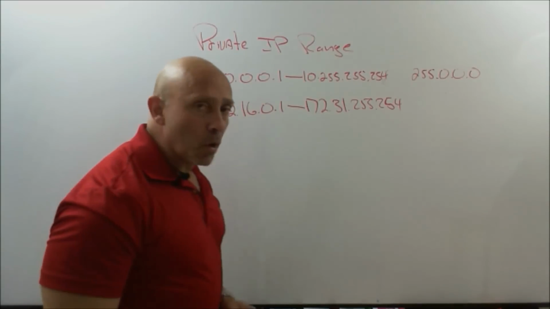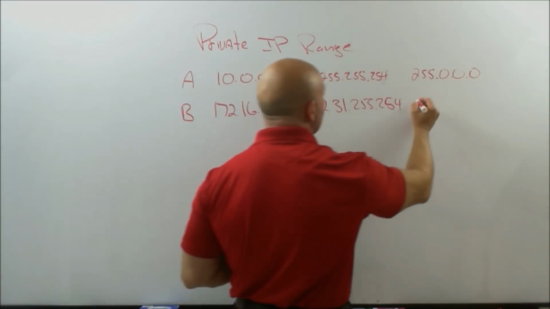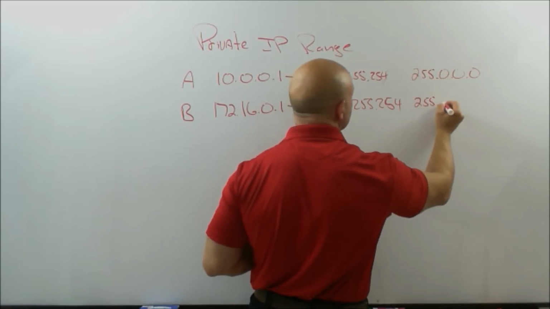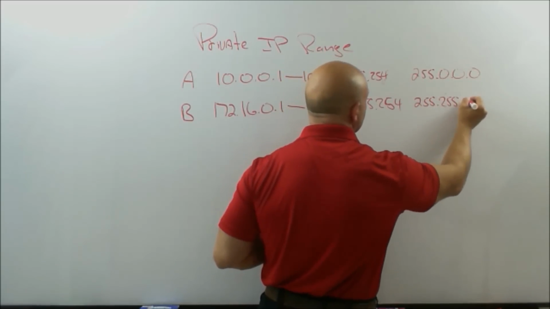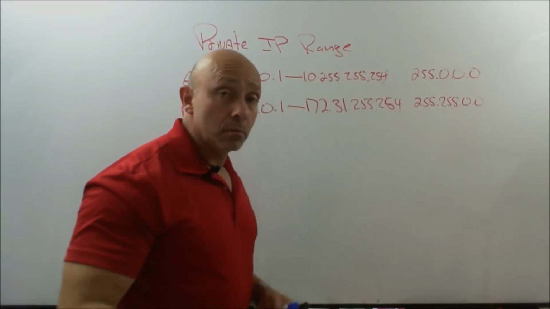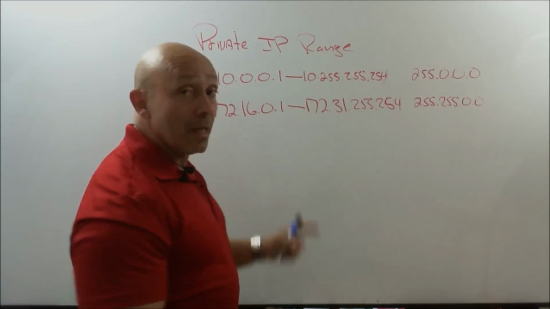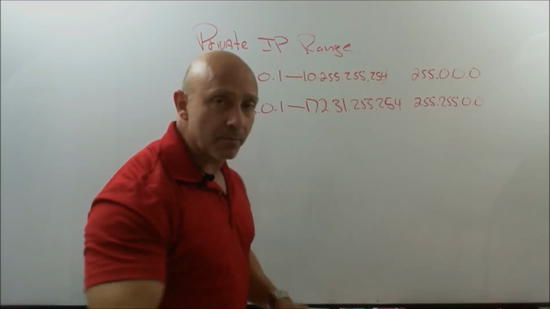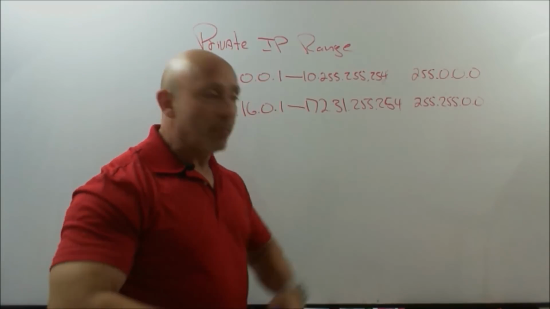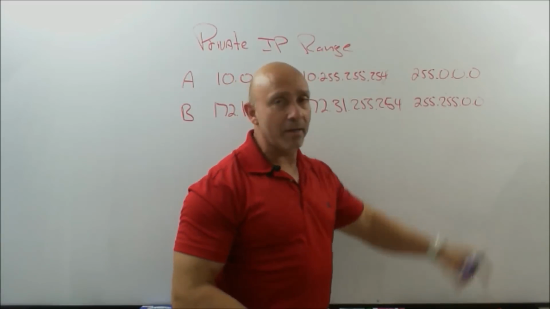Now, in most networking books, you're going to see the default mask. And if you were to go into the TCP/IP properties and actually put in 172, and you hit tab, it's going to know, hey, and it's going to populate it with 255.255.0.0.